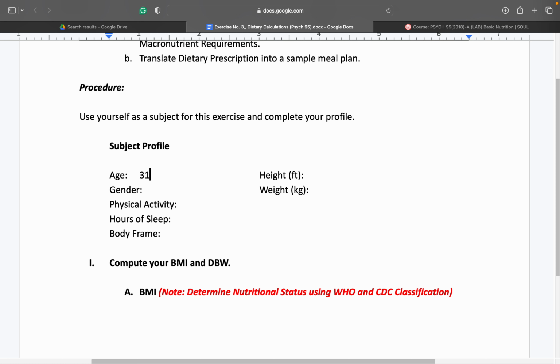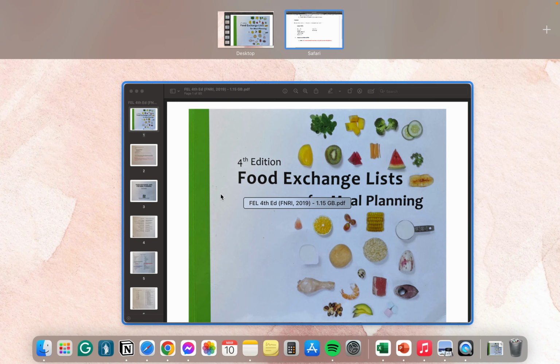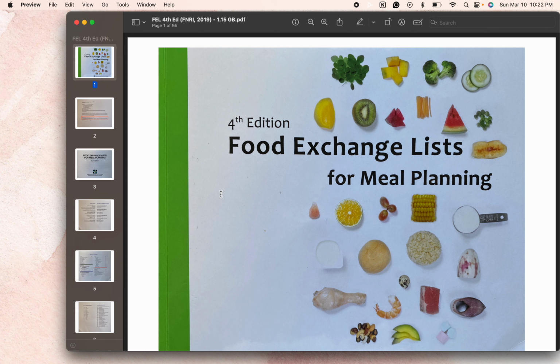Age 31, gender F, physical activity. For physical activity, you're going to use the physical activity list, which can be found on the food exchange list for meal planning. This is the tool that nutritionists and dietitians use as a guide to create a sample meal plan.